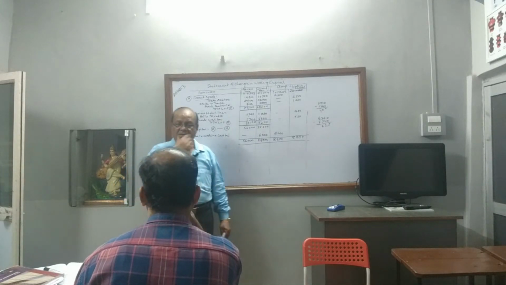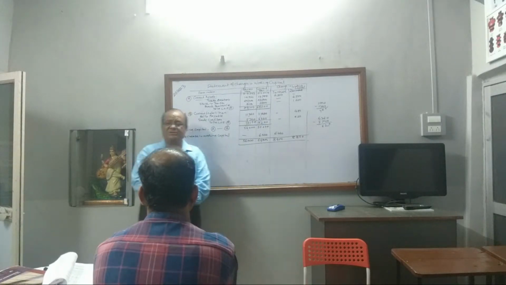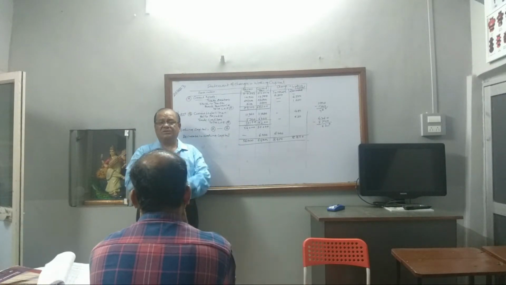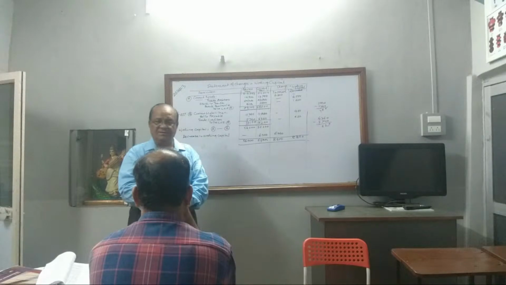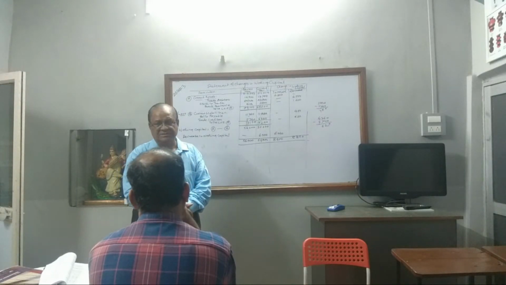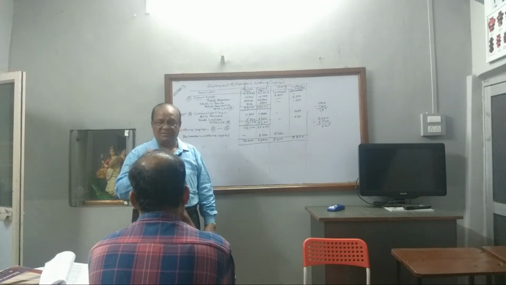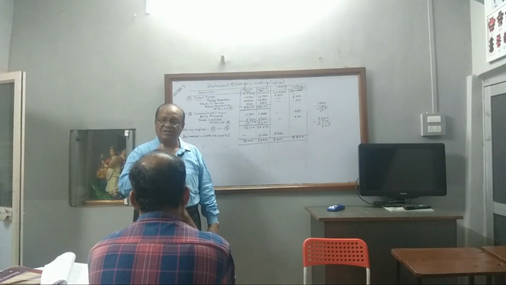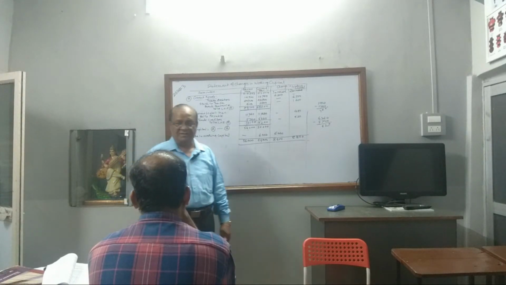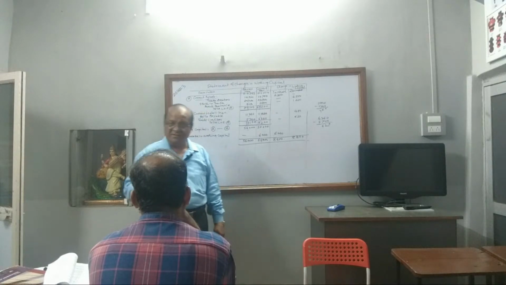Then for showing the fund flow statement, what are the sources? Sources of fund will be issue of shares. If you issue shares, you will get a source. Then issue of share capital, issue of debentures, and loan taken give you funds.